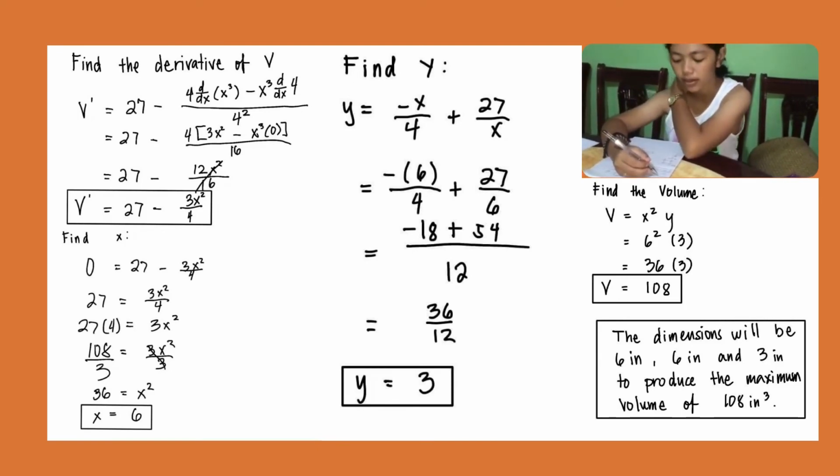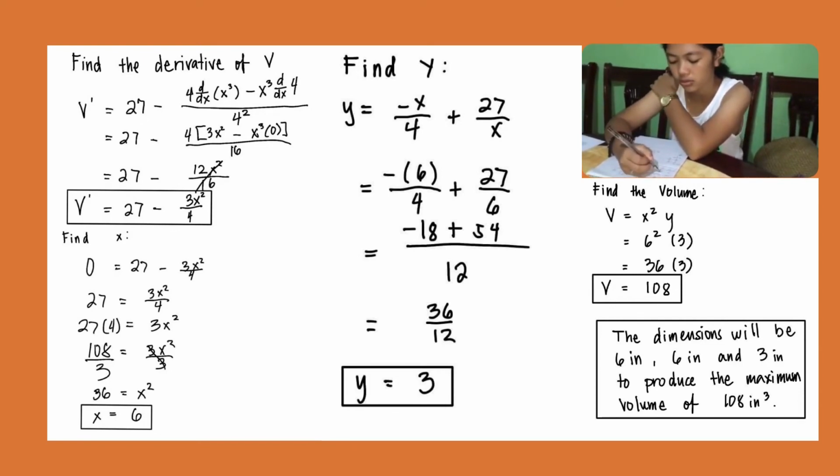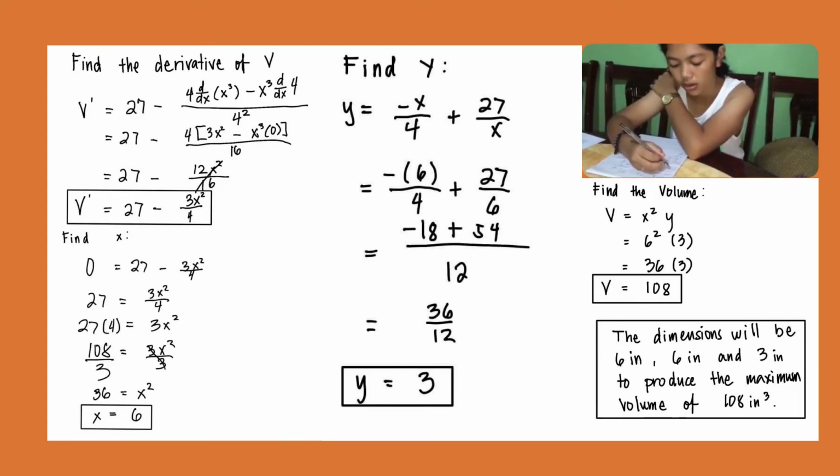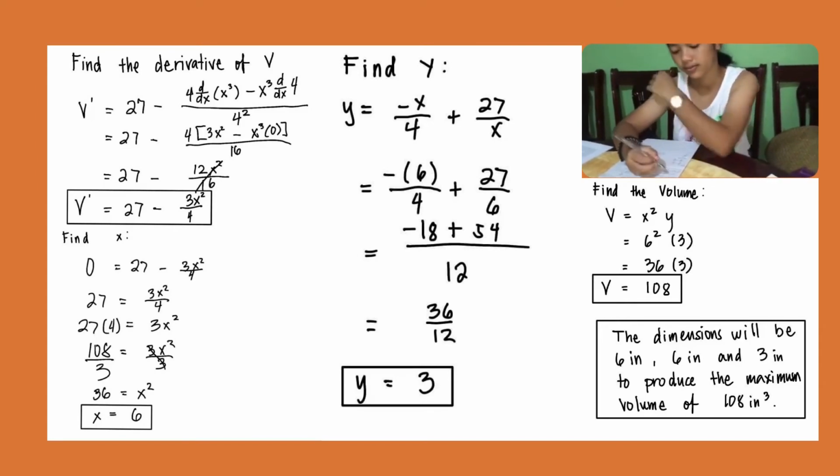Then 27 minus 12x squared over 16 cancel. So V prime equals 27 minus 3x squared over 4.